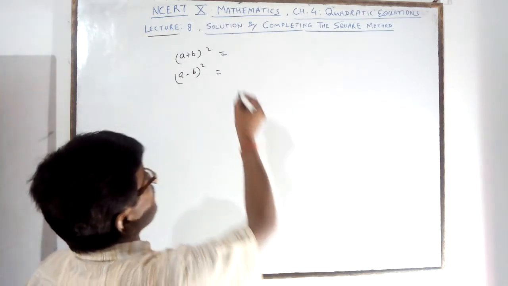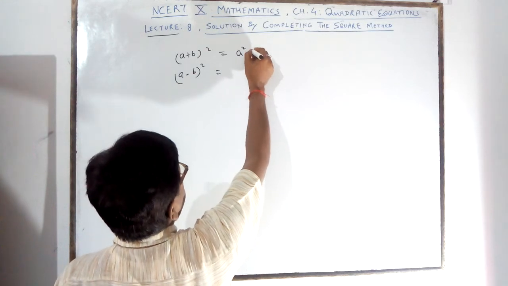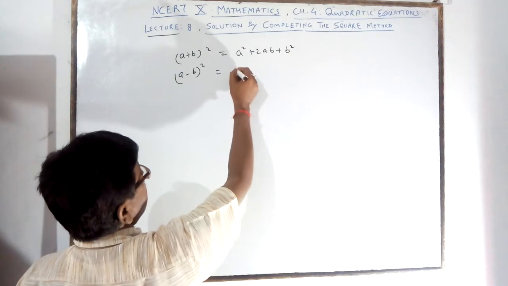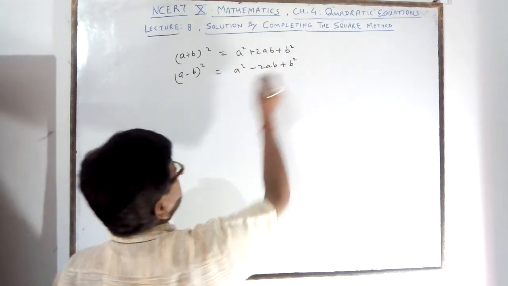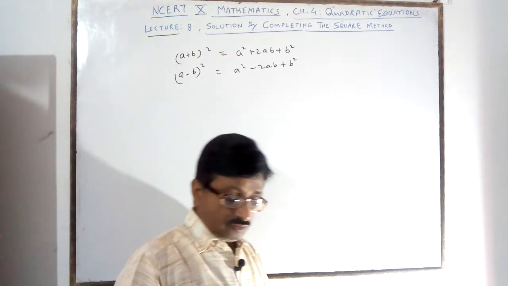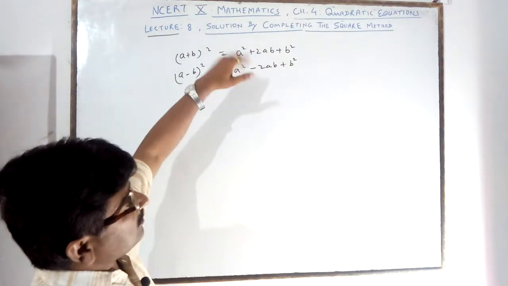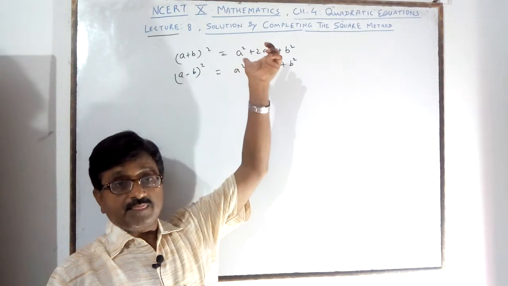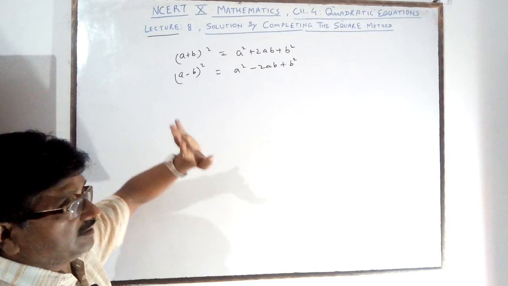These are (a plus b) whole square equals a square plus 2ab plus b square, and (a minus b) whole square equals a square minus 2ab plus b square. It is the second identity. By these identities, you will solve the quadratic. You convert the quadratic equation into the form of this polynomial. How will you convert? Then apply any one of these.